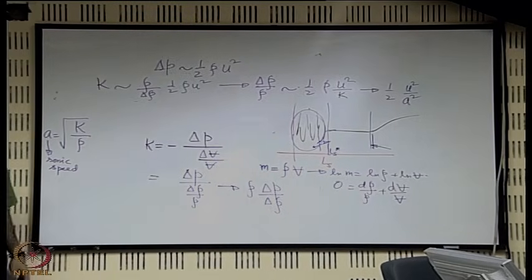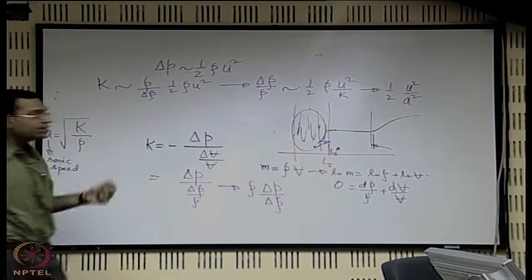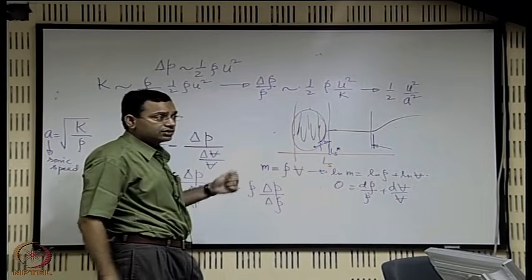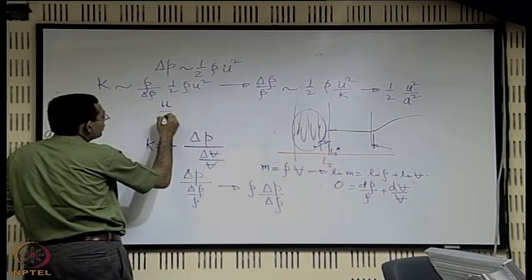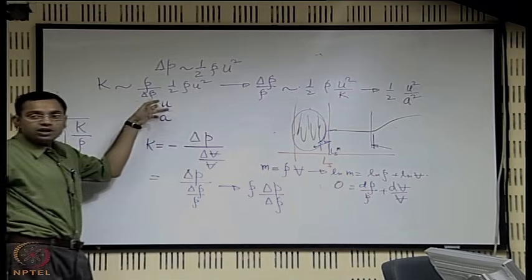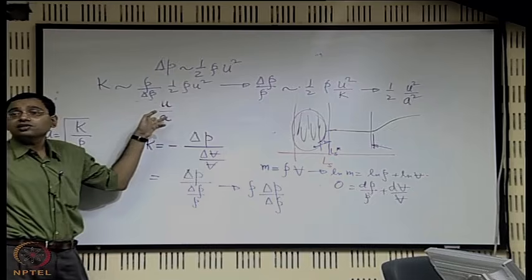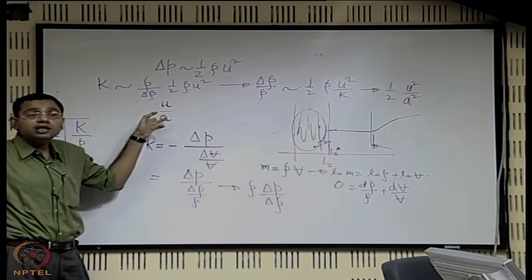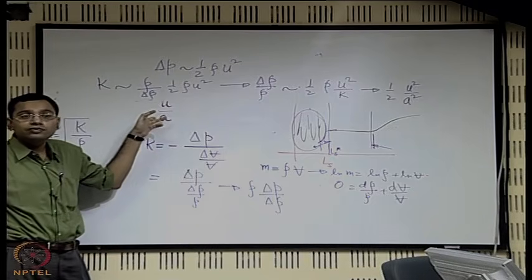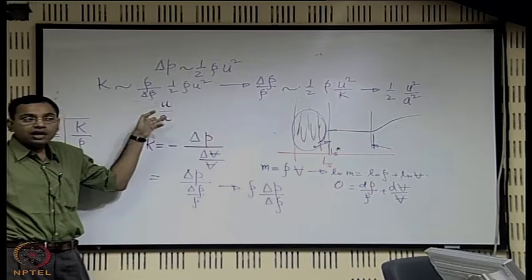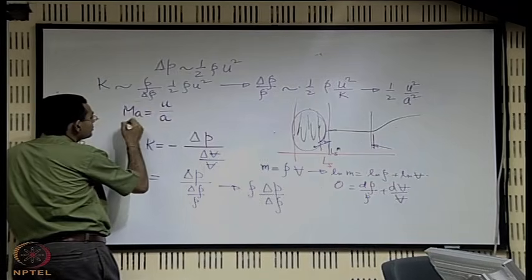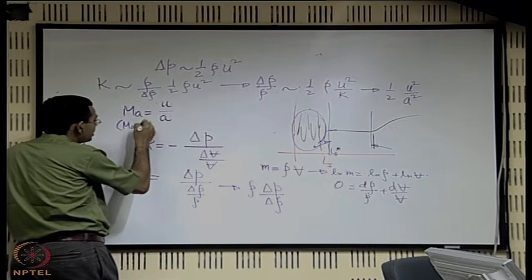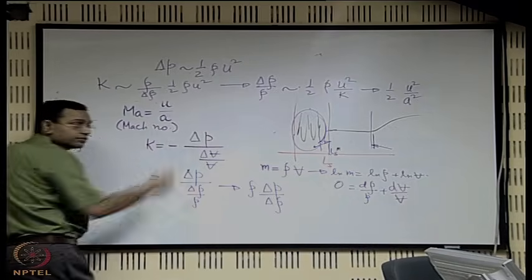This is a non-dimensional quantity that you can see because it is a ratio of two velocities. So in the numerator you have u, in the denominator you have a. So u is the velocity of flow and a is the velocity of a disturbance which is moving in the medium in which the flow is occurring, and the ratio of these two is known as Mach number.